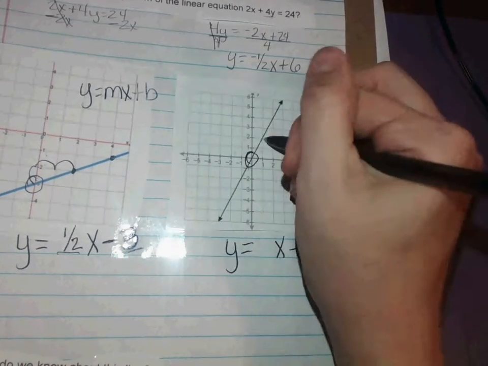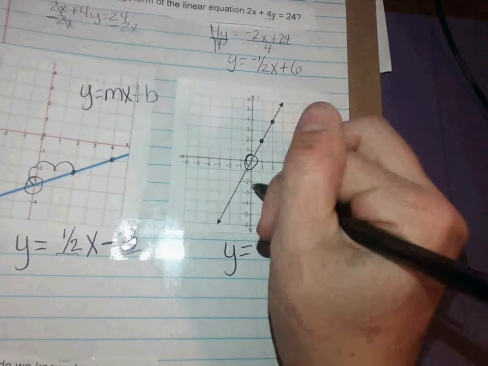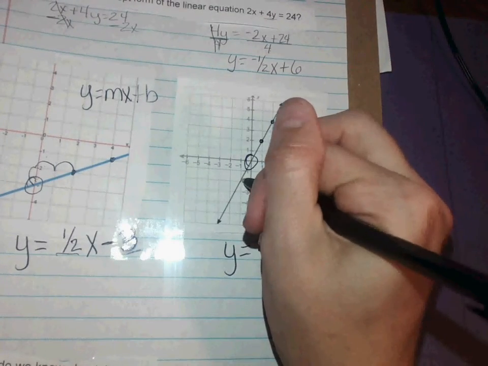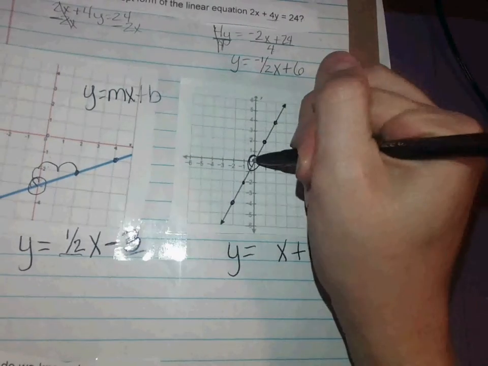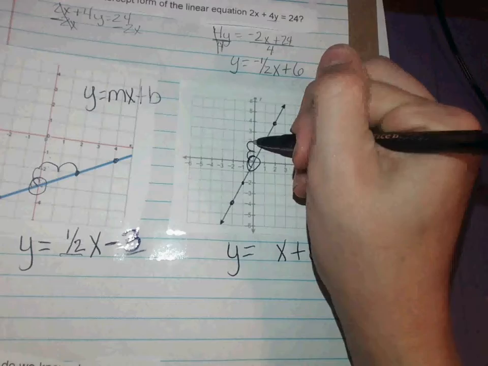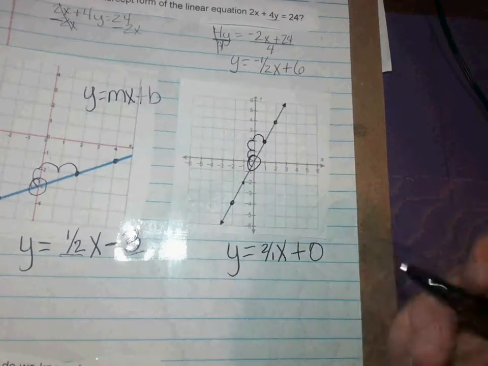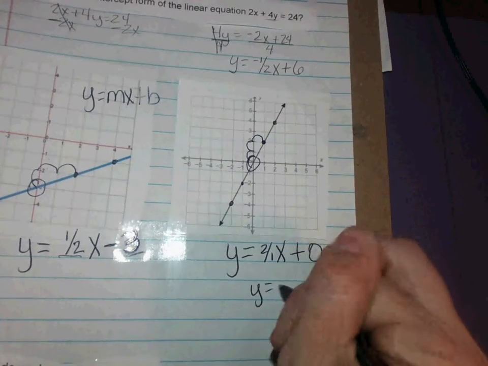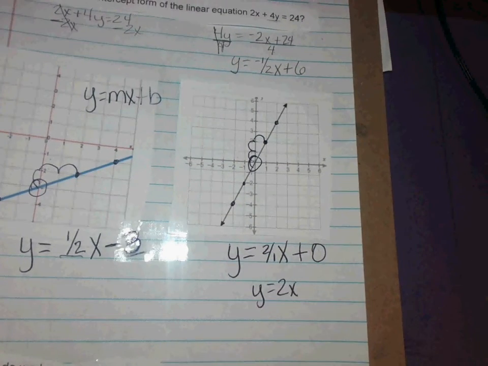Now I'm going to find our slope. I see it crosses nicely here. So I can count my rise, 1, 2, and it runs 1. So 2 over 1. I could also write this as 2x. I don't have to have that plus 0.